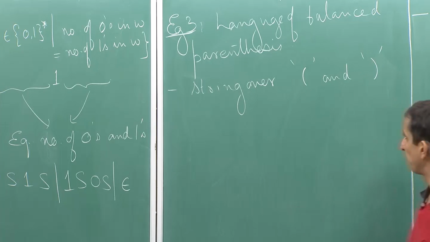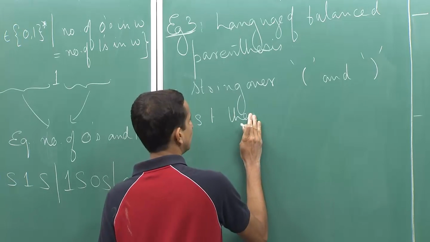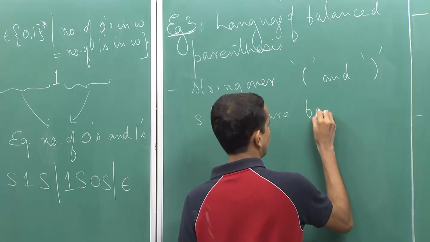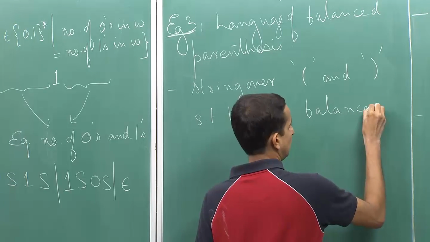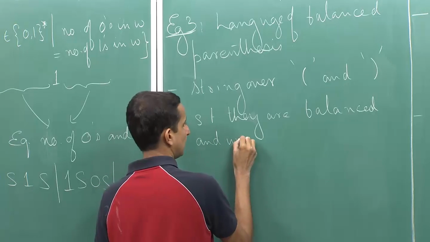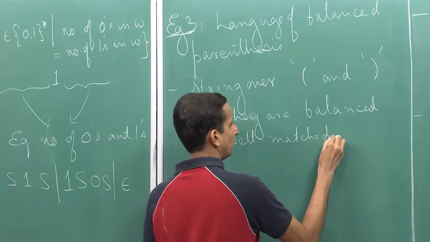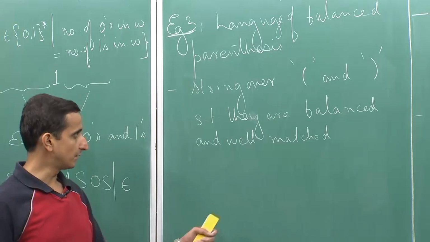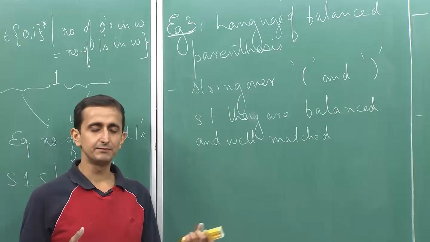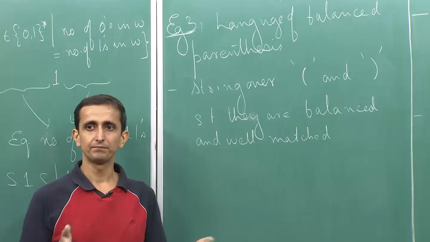Okay. So, it has 2 symbols such that they are balanced and well matched. So, balanced means that I should have equal number of left and right, and well matched means that I should have a left before I have its corresponding right. Okay. It should have this thing.